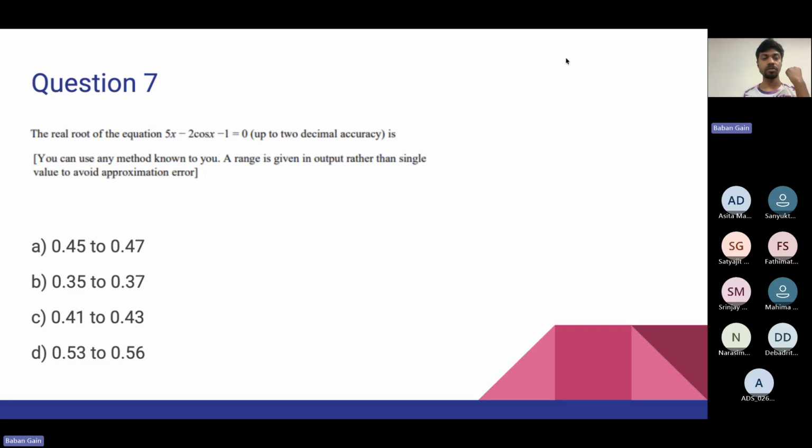Root of the equation. Suppose this is an equation. The question is at which value of x the equation is 0.